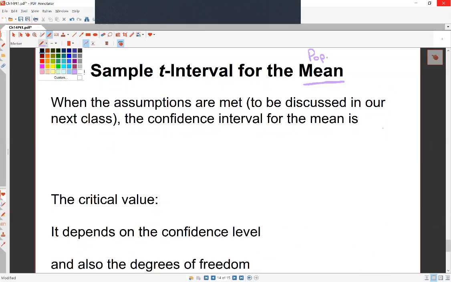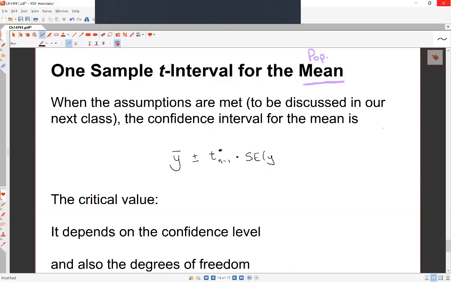And the formula for doing that is given by our sample average, plus or minus, and instead of a z-star value, we have a t-star value with n-1 degrees of freedom multiplied by the standard error of the sample average.